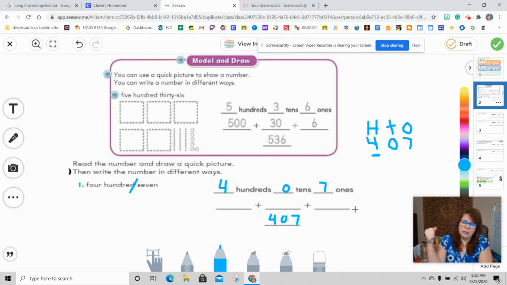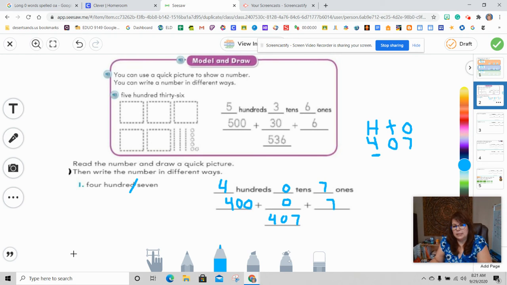So I'm going to count by hundreds: 100, 200, 300, 400. So I actually write the number that I say, 400, because we're adding those numbers to come up with the 407. 400 plus, now I have 0 tens, so I'm going to put 0, plus 7 ones. If you count my ones, it's just 7.